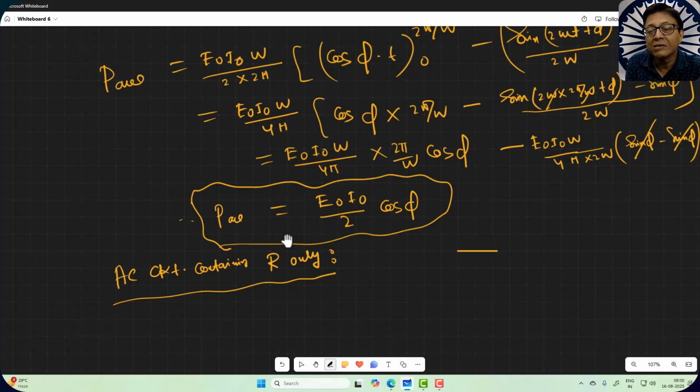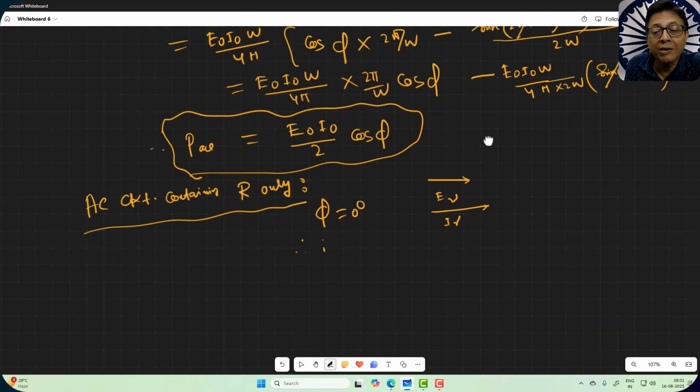In that case, you know, this E and I are in phase. In phasor diagram, there is no phase difference between them, so phi will be 0 degree. Then P average will be what? Just put the value over there.